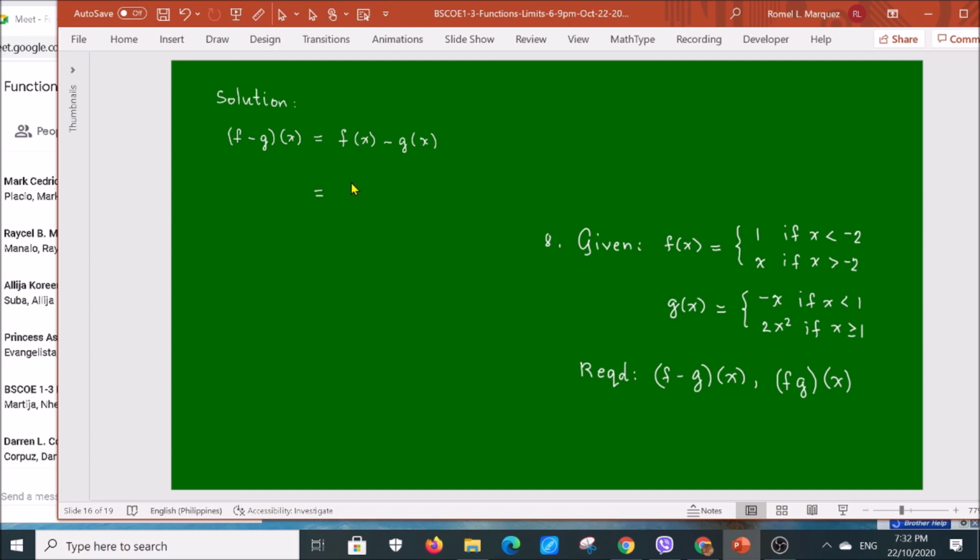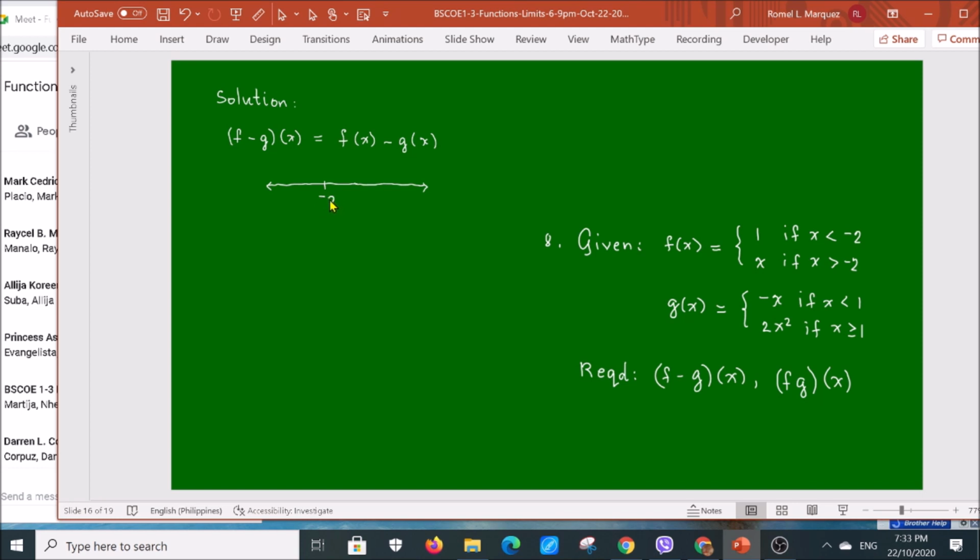To be able to combine f and g, we need this number line so that we know where they will meet, what is common to those two functions. So the cut-off points are the following: negative 2 and 1.